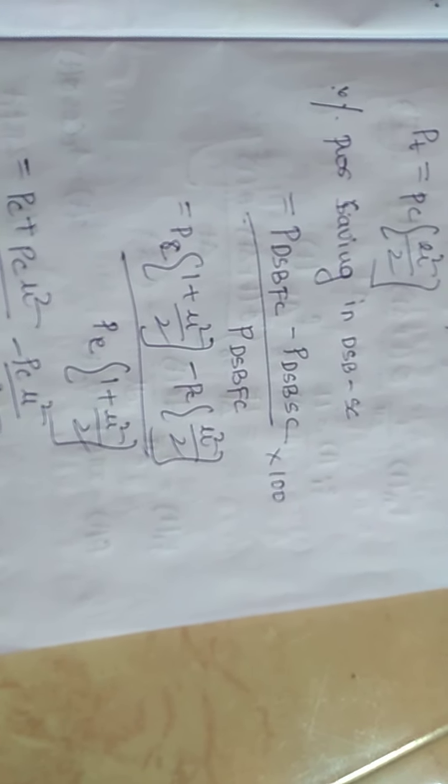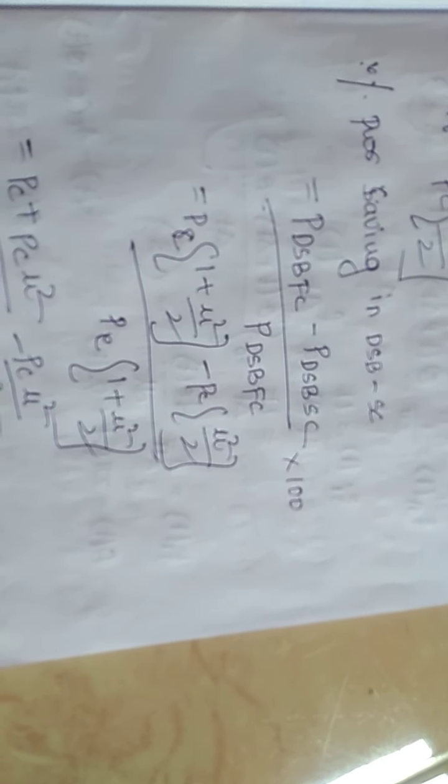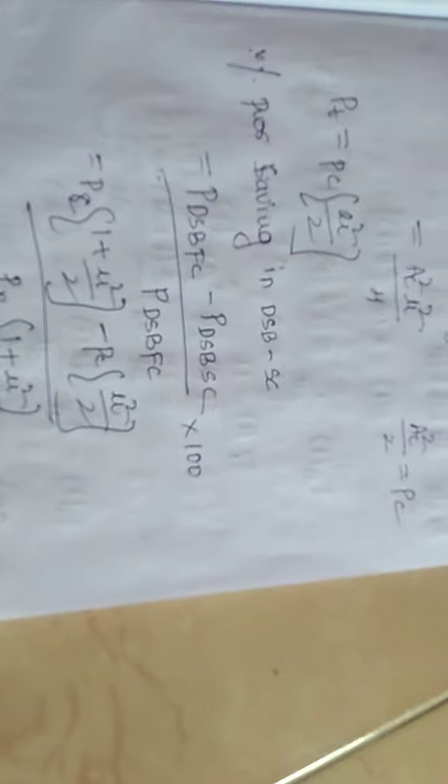Okay, so the percentage of power saving is equal to the power of DSB-FC minus DSB-SC by FC. FC is nothing but full carrier. Double sideband full carrier minus double sideband suppressed carrier by full carrier into 100.